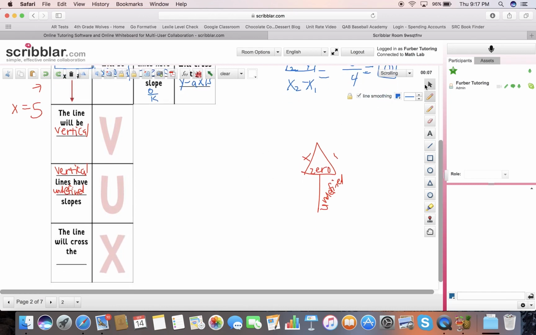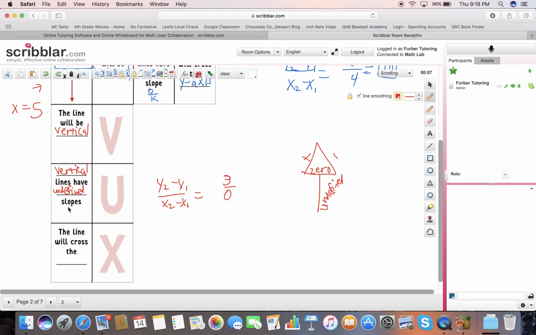However, if the line is vertical and you didn't know that, but you did the slope formula and arrived at an answer like this, that's not a solution of 0. You can't divide by 0. 3 divided by 0 is undefined.